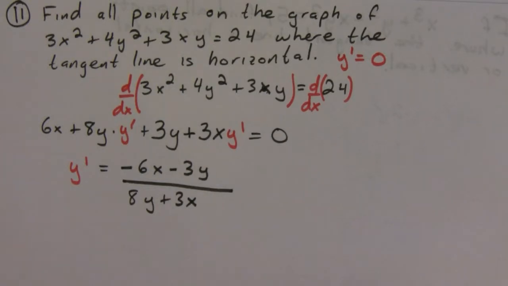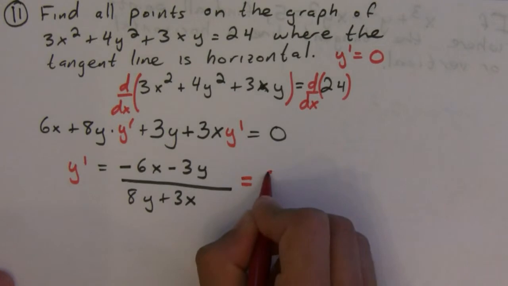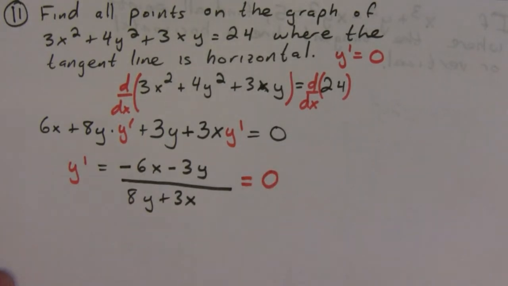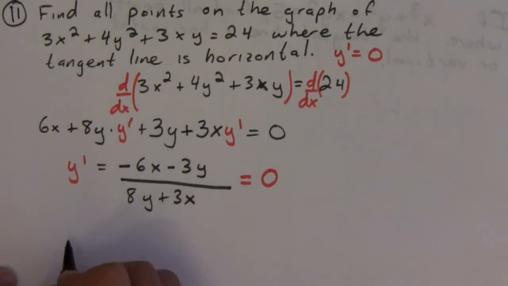Okay, so here I'm basically looking for where this is going to equal 0. So I'm not really worried about the denominator here. What I'm really worried about is the numerator.